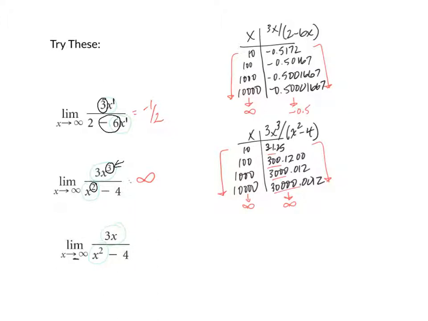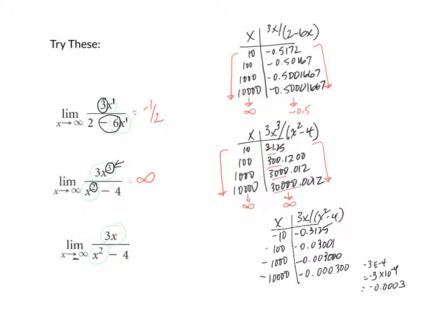What might the limit of the outputs go to? Okay, so go ahead and set up your chart. Right, and this time we're going -10, -100, -1,000, -10,000. And go ahead, hit pause, check this out, see what happens, and report back.